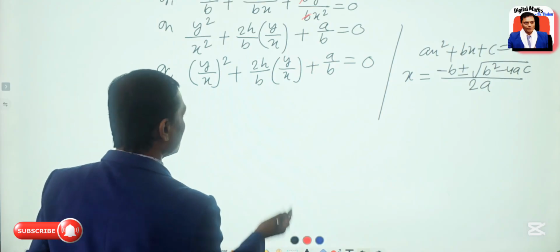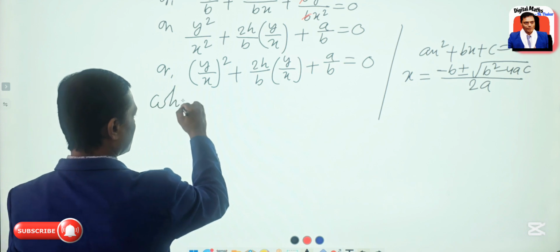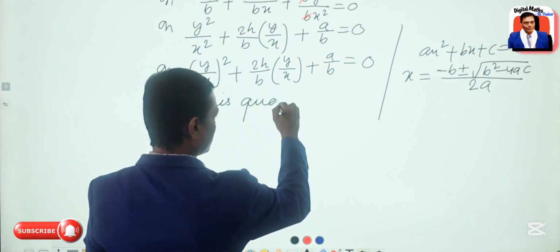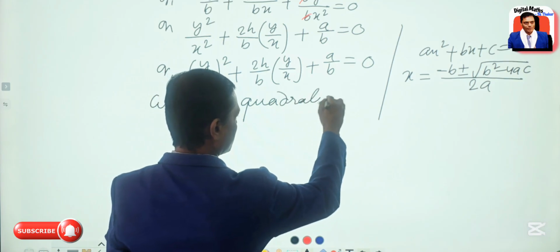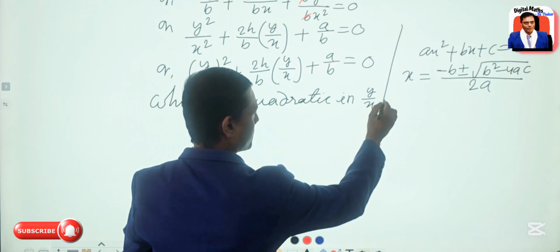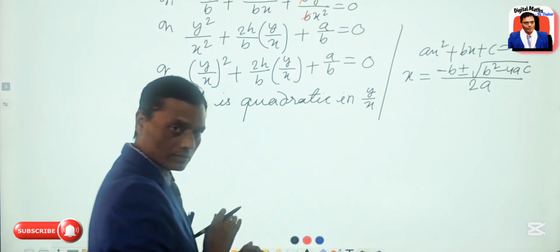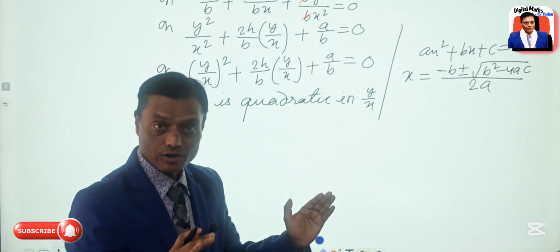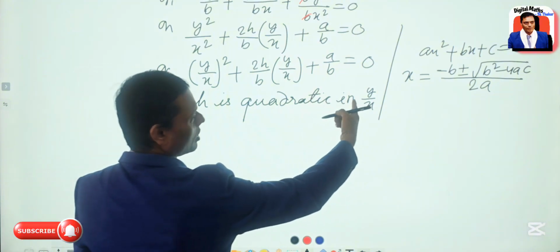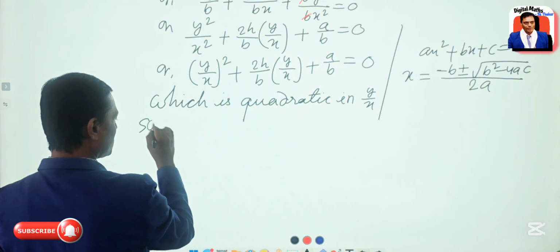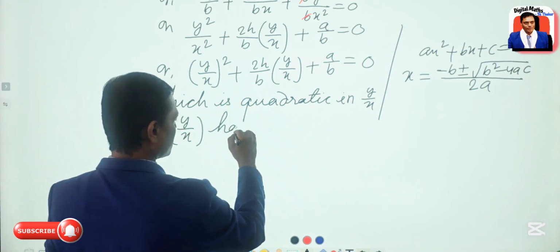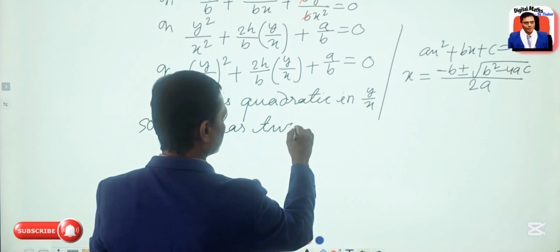So we can write here, which is quadratic in y by x, right? It means y by x has two values, two roots. Okay, so which is quadratic in y by x? So y by x has two roots.